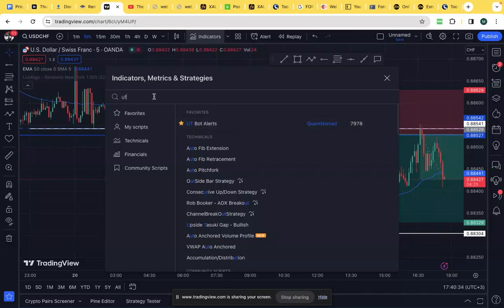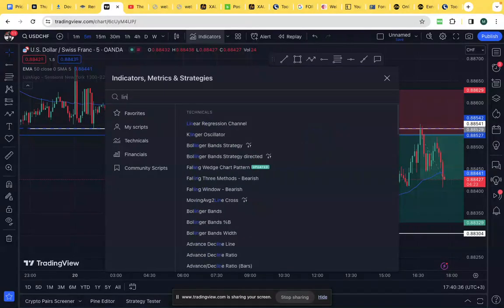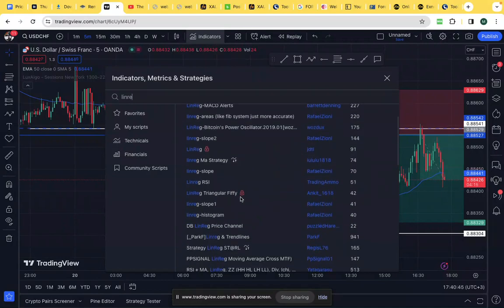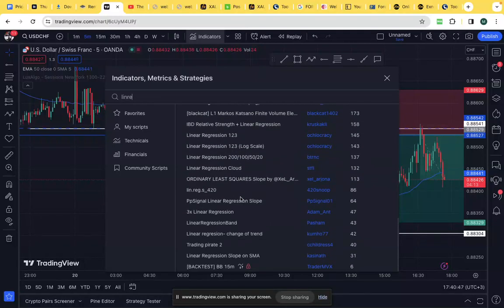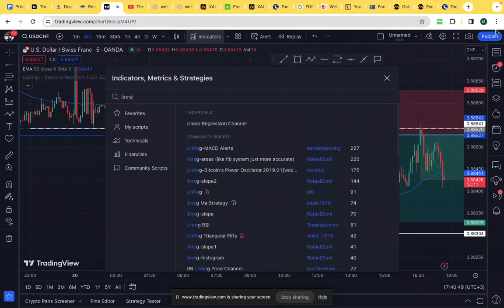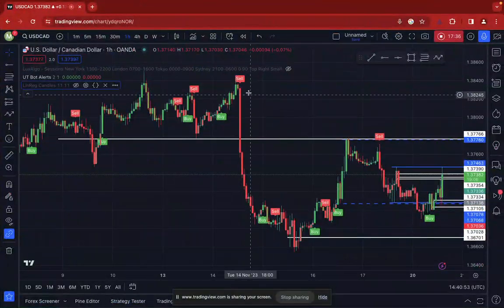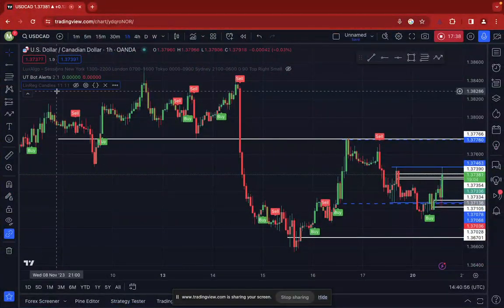After UT Bot Alerts, search for Lean Reg, linear regression candles. Let me confirm the spelling. Lean Reg Candles, this one.